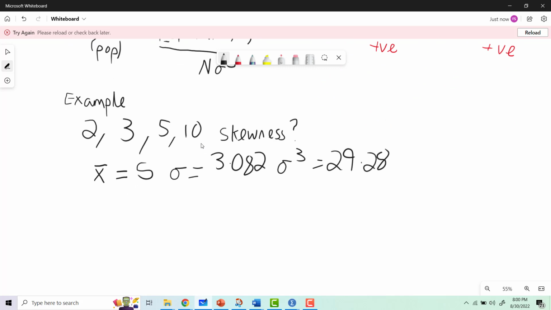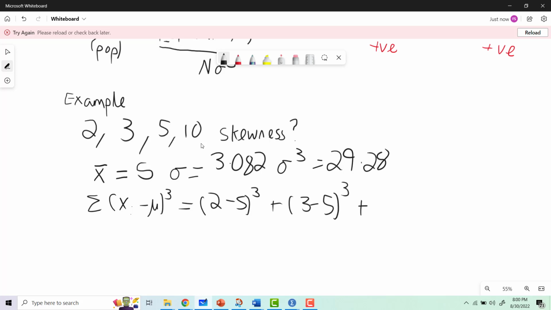And so let's just calculate the sum of (xi minus mu) to the 3. So the first observation is 2. The second is 3. Then we've got 5.